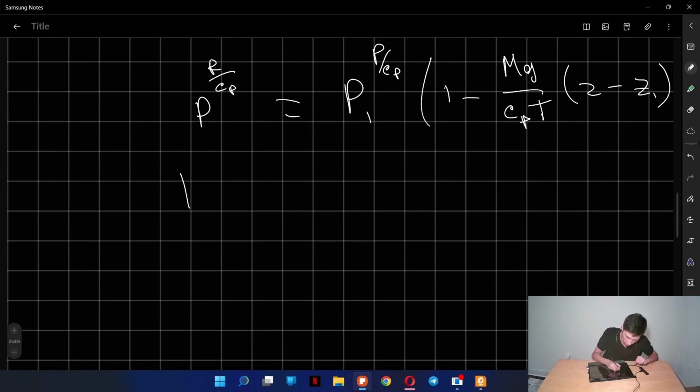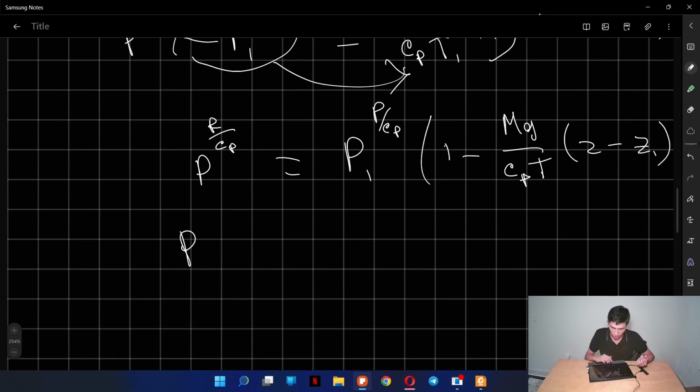And if I want to find the pressure itself, I'm just going to have to raise both sides to the power of Cp over R. So it's just going to be pressure initial, and the power gets cancelled because of this effect.